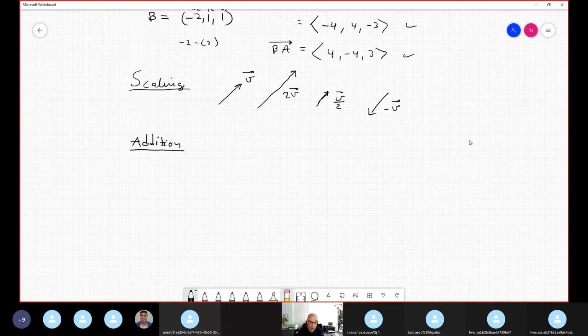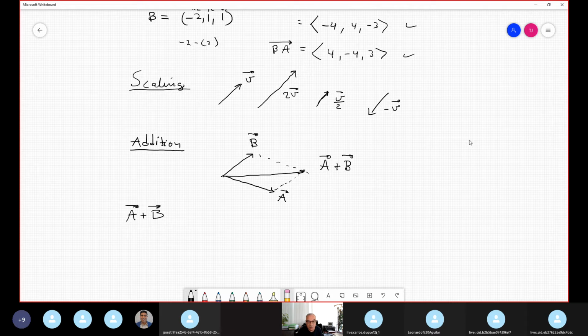For example, you have a vector A and you have a vector B. I want to find A plus B. You apply the parallelogram rule. You translate this vector B, and now this is the vector A plus B.